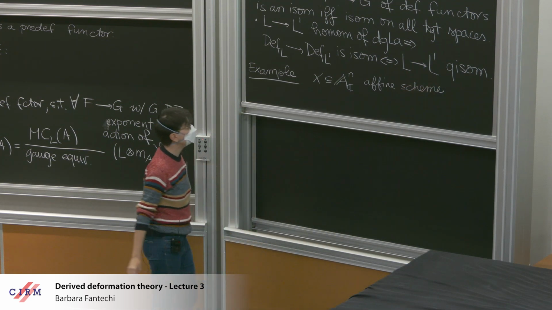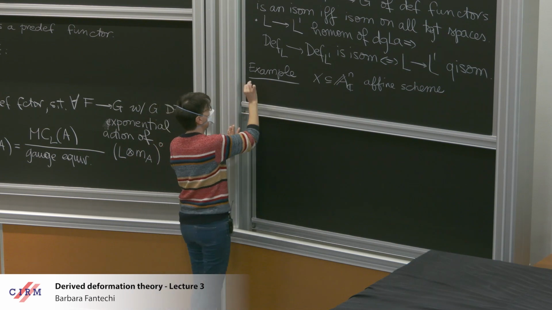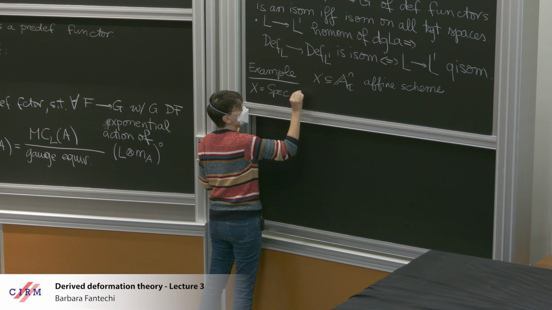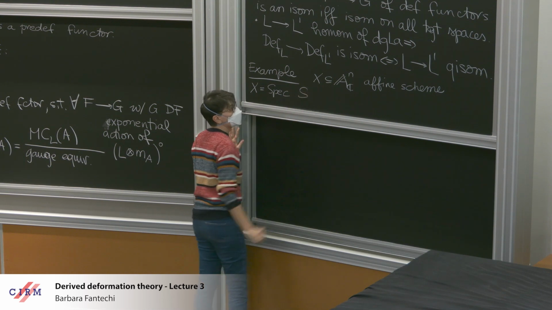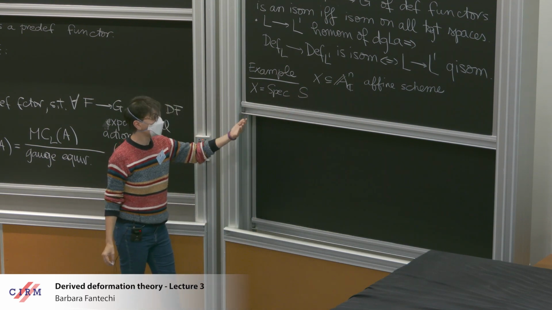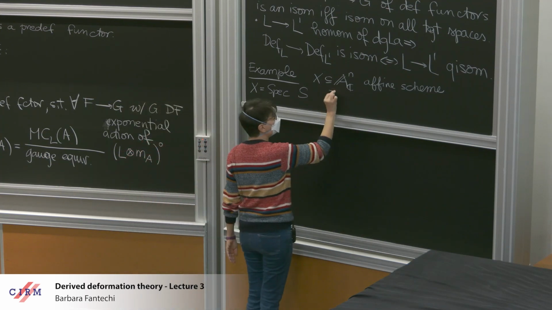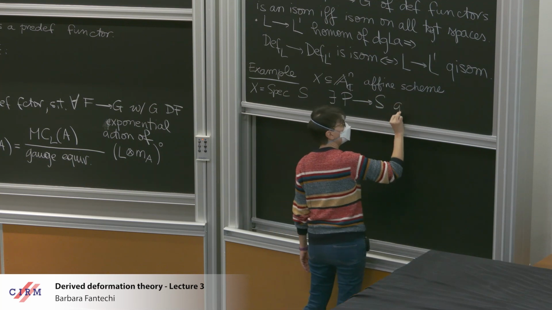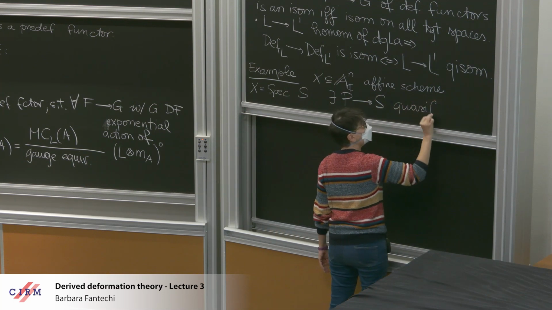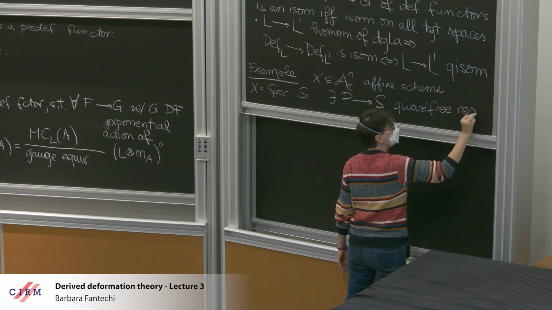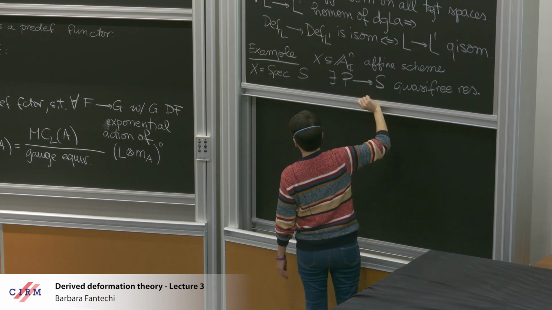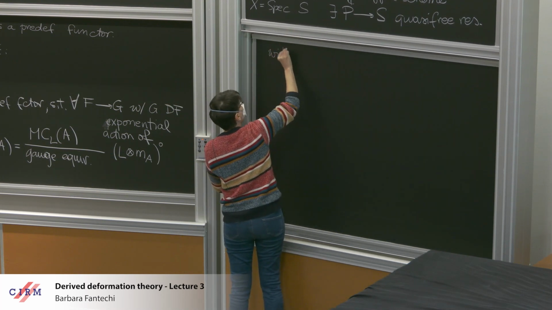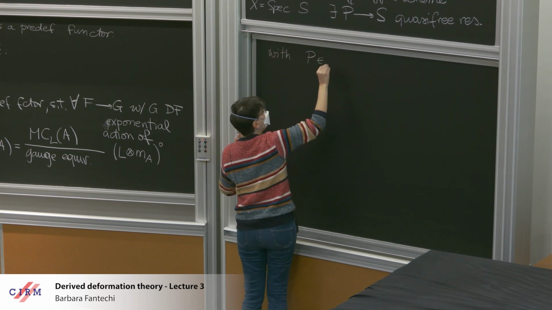And let me assume, therefore, that X is a Spec of some ring S. And remember, today we discussed that there exists a quasi-free resolution. It's not unique, of course, but it certainly exists, with now P in the good ones.